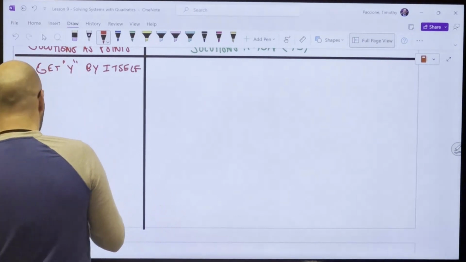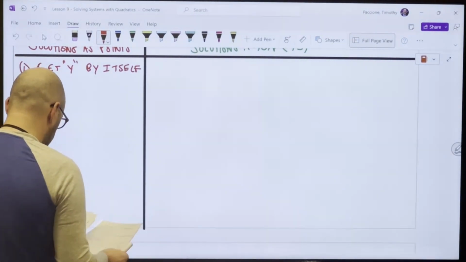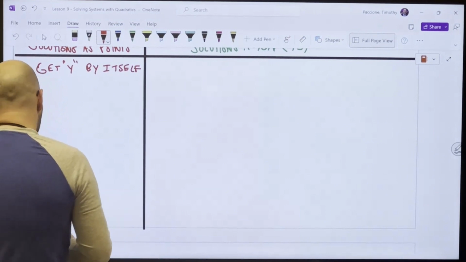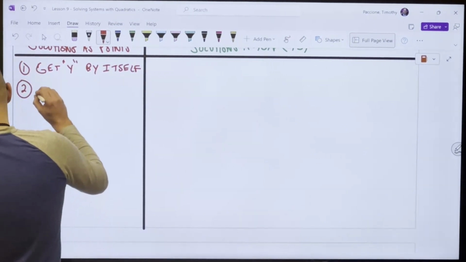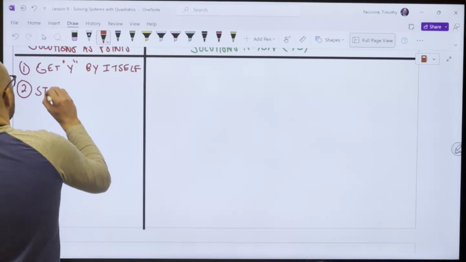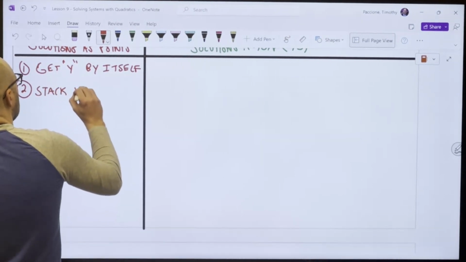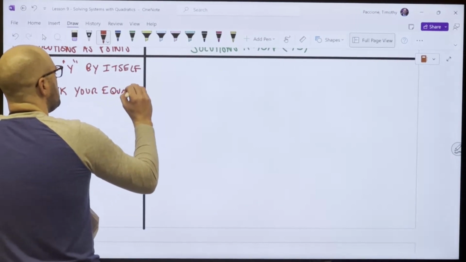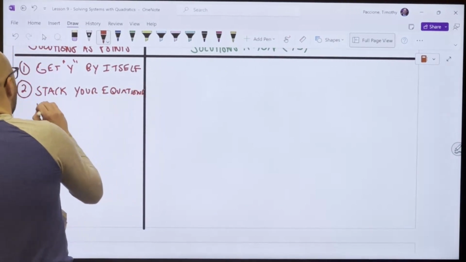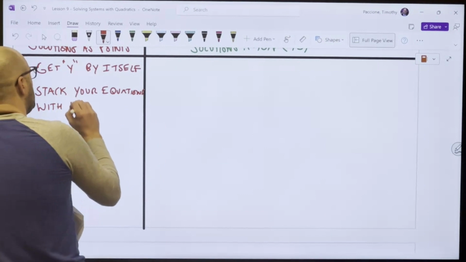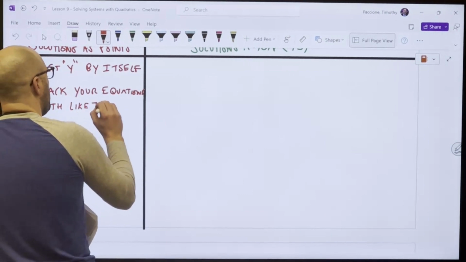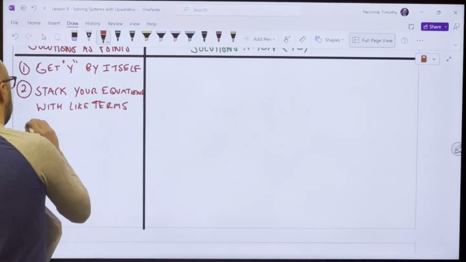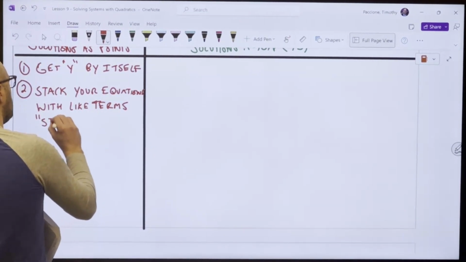All right, and then the next thing we want to do is stack your equations with like terms, and I'll use that word stacked again.